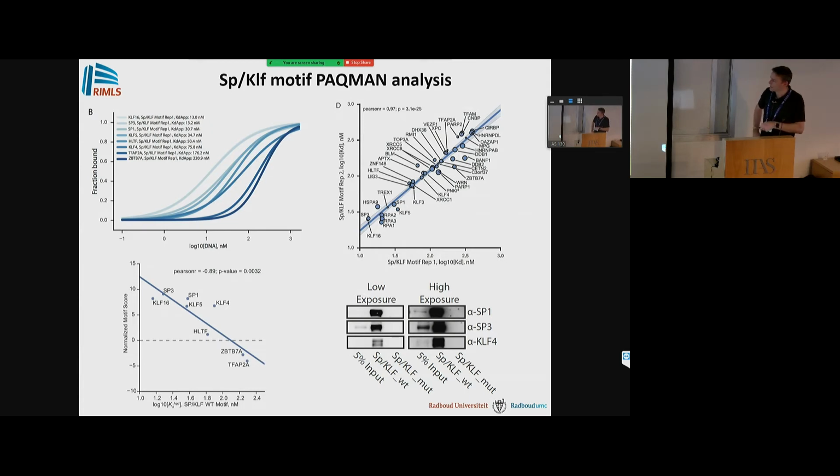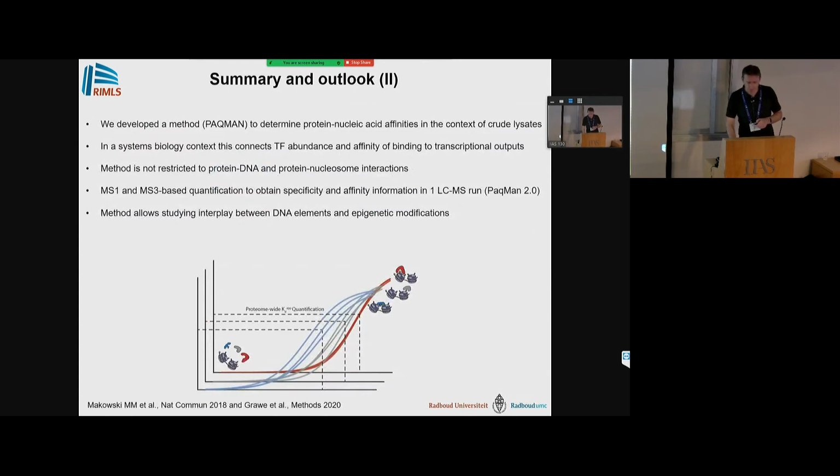Here you see the signal with the wild type sequence, and a mutation in the sequence completely abolishes the interaction. We're working on a second version of this experiment now, where we include information about both specificity and affinity in one experimental setup, but that's not finished yet.